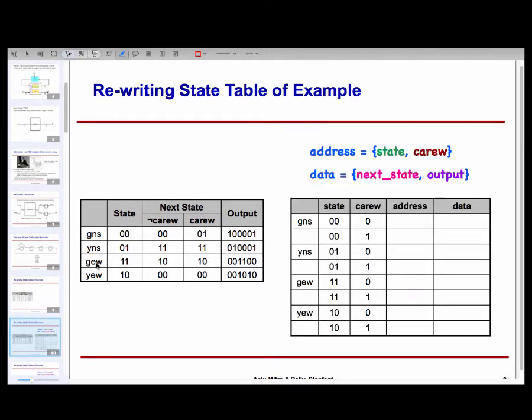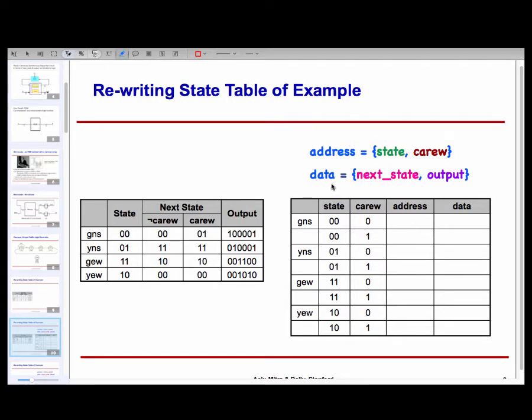So what this microcode approach says is that let's think of the input to our combinational logic as an address. So the address consists of 2 things now, 2 bits of state and 1 bit of car east-west. And the output, that is the next state and the output to the external world, we are going to think of as the data.